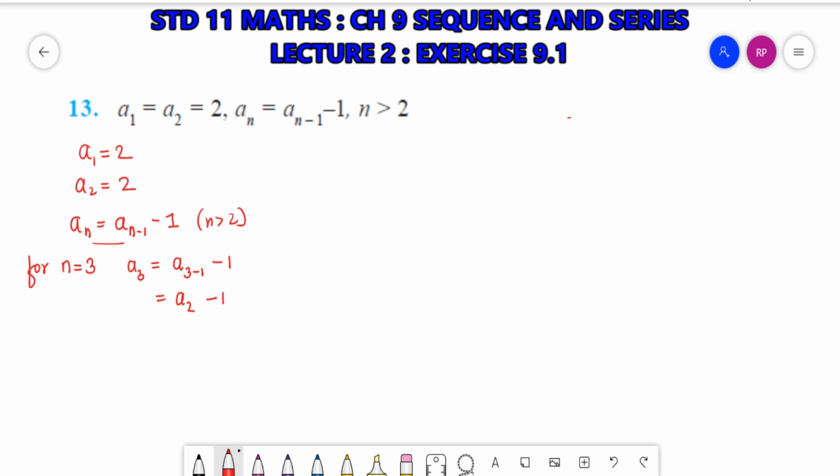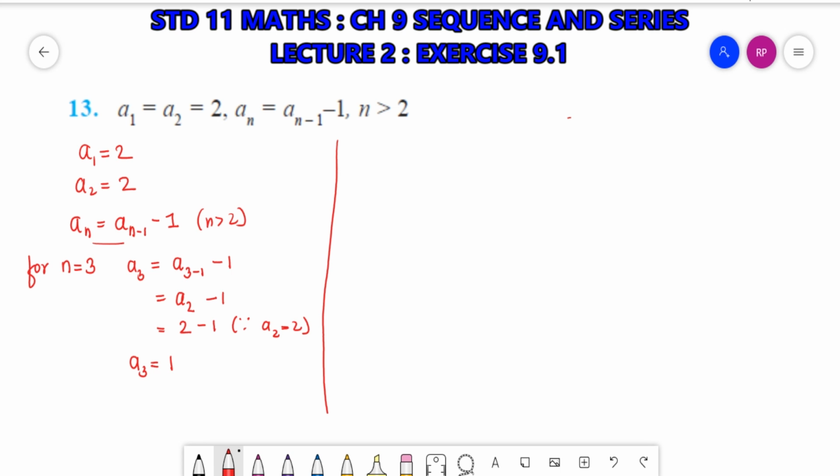The value of a2 is already given, that is 2 minus 1, because a2 is equal to 2. So a3 is equal to 2 minus 1, that is equal to 1. Okay, so this is the third term.